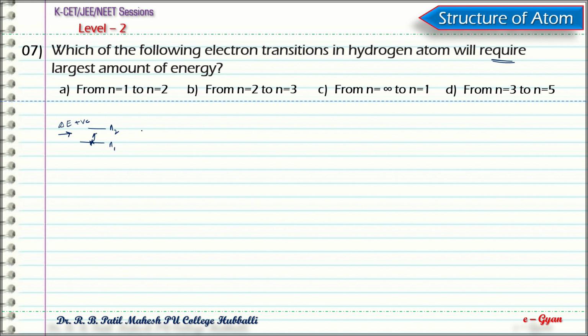Whenever the electron is coming from a higher energy level to a lower energy level, energy is liberated. So here the question is with respect to lower energy level to higher energy level. N equal to 1 to 2, n equal to 2 to 3, n equal to 3 to 5. These are the electron transitions from lower energy to higher energy level. Whereas infinity to 1, the electron is coming back to the first orbit.